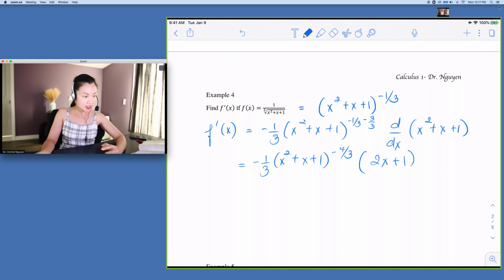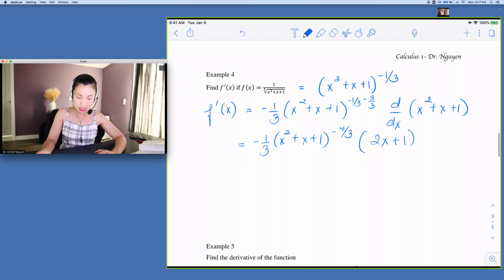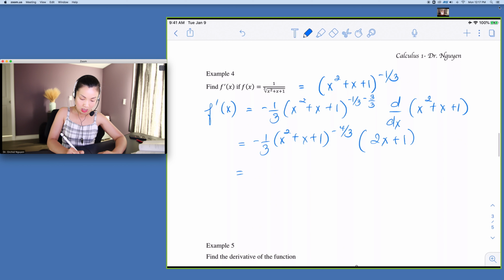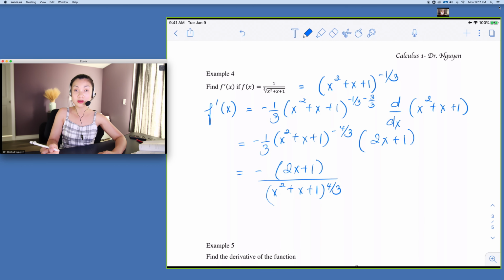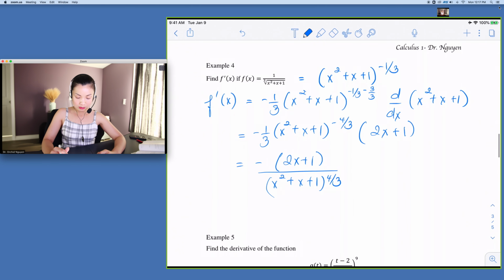Okay, and then once again, you can rewrite. I have negative (2x plus 1), and then on the bottom, we have (x squared plus x plus 1) to the 4/3.